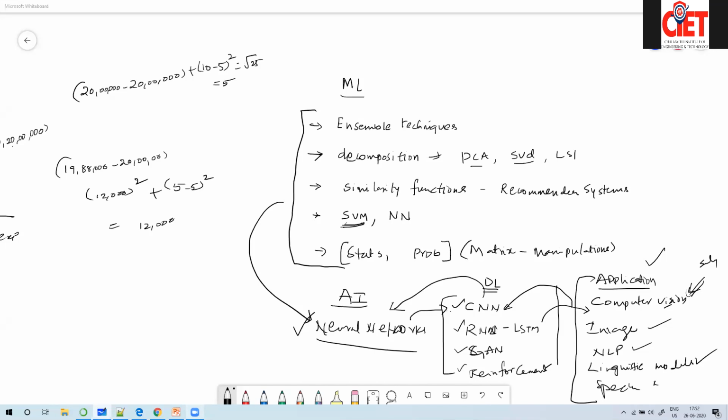Along with your curriculum, if you can pick up some of these concepts way ahead, by the time you complete your undergraduation or post graduation, you probably have learned half of these basic concepts that are required, so you can easily thrive in this field coming out of your college, coming out of your school. So that's going to be a very effective way of learning data science and becoming a data scientist or an AI practitioner.